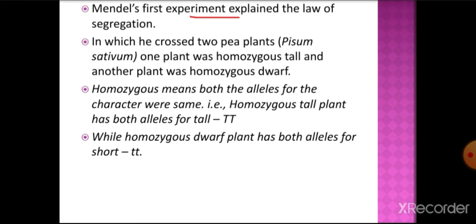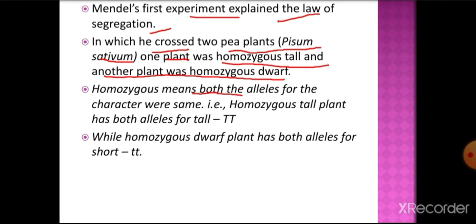Mendel's first experiment explained the law of segregation and law of dominance. Right, so what he did was a monohybrid cross, in which he crossed two pea plants, Pisum sativum. One plant was homozygous tall and another plant was homozygous dwarf. So homozygous means both the alleles for the character were same.